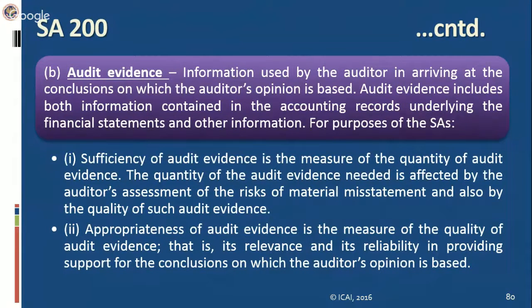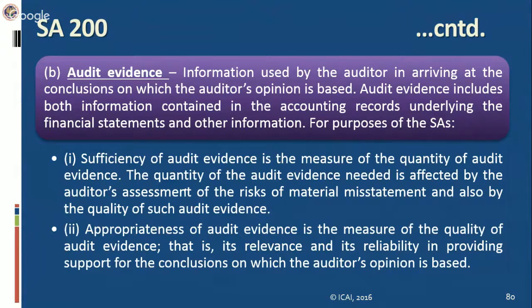Another important term, students, is audit evidence. If you ask me for one word about audit evidence, that is information. Learn the definition: it is information used by the auditor in arriving at the conclusion on which the auditor's opinion is based.